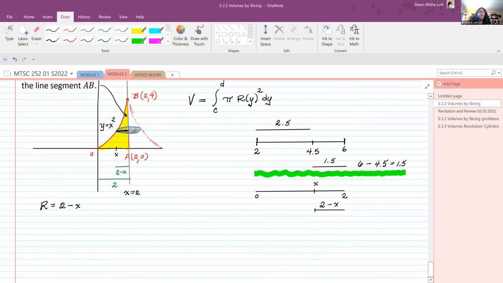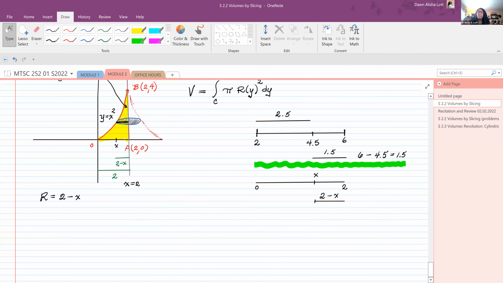So that means that the radius of the circle is 2 minus x. But I already know my radius has to be a function of y. So y is equal to x squared, therefore x is equal to the square root of y. So my radius, which is now a function of y, is 2 minus the square root of y.